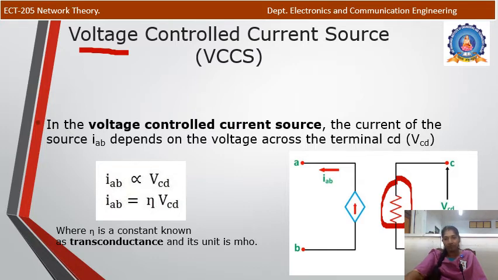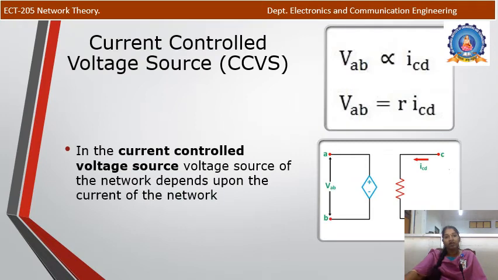Okay, so the next one is current controlled voltage source. Look at the last words, voltage source. So the output quantity is voltage, and that voltage is controlled by a current. So VAB is equal to R times ICD. Our source is a voltage source, so we represent it by using a diamond shape with plus and minus.